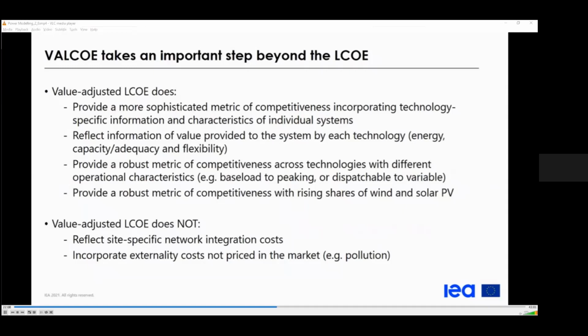It is not perfect. A few of these limitations include that they are not site-specific, so the network integration cost, for example, is not there, and it doesn't include externality costs that are not priced. So, for example, air pollution.